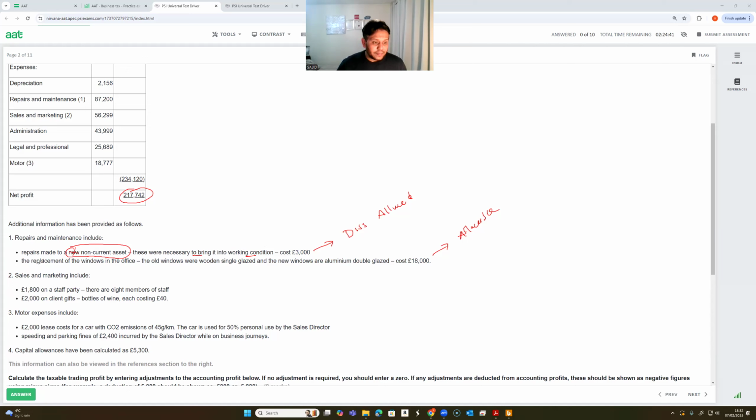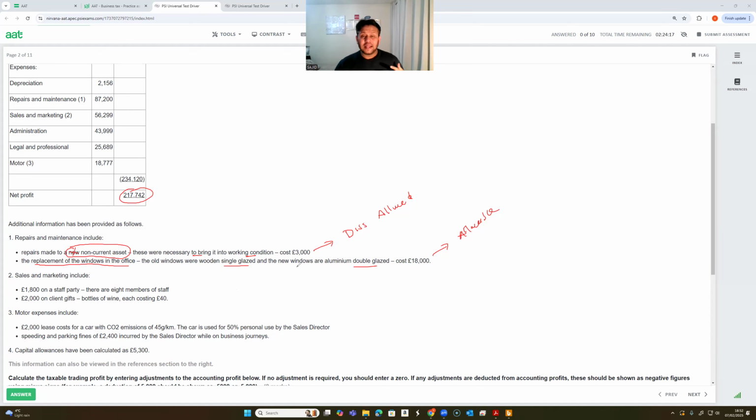The next one is the replacement. Now, remember that replacement and the improvement is not the same thing. Replacement means something I replace it to have the new one. But in this question, they made you confused by saying before it was single glaze, now it is double glaze. So they make you a little bit confused, like, oh, you improved it.